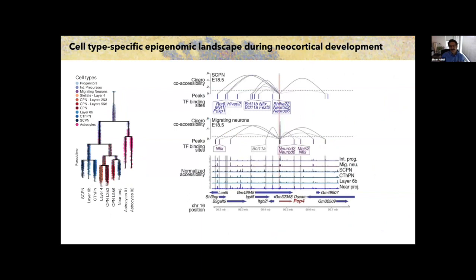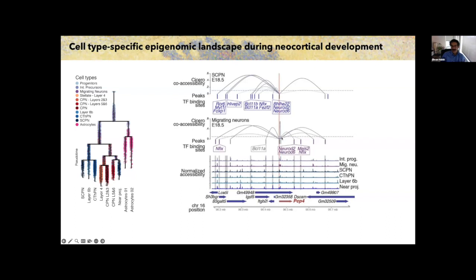There is a regulatory element that targets PCP4, and there are different enhancers that we defined, occupied by different transcription factors, because these are differential enhancers that are active either in E18 subcerebral projection neurons or in the migrating neurons.